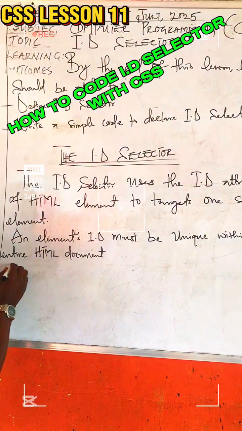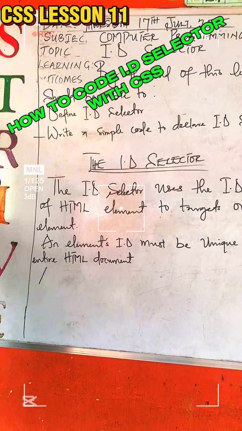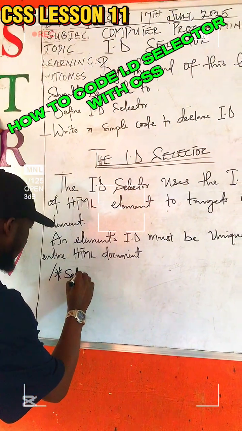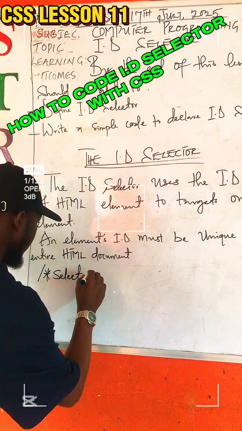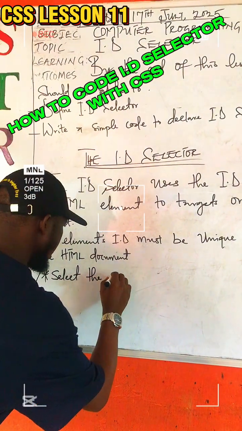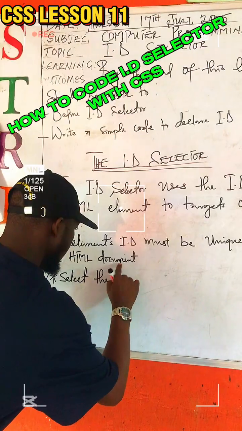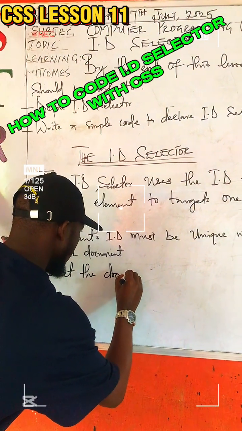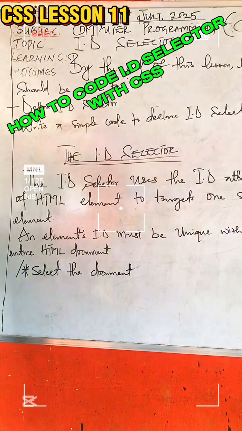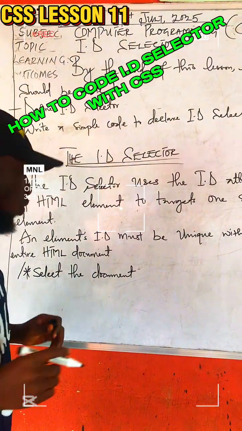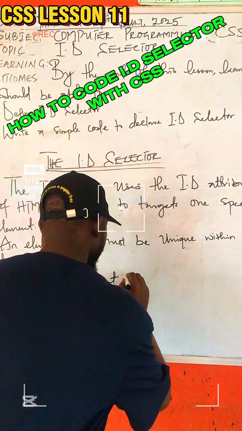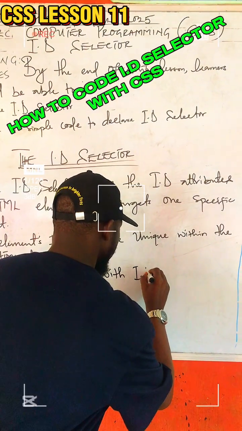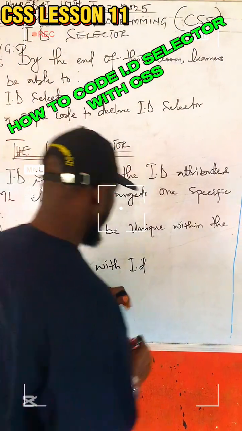Then we begin by writing your /, your star, select the document with IDs.